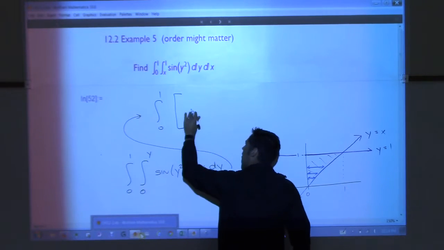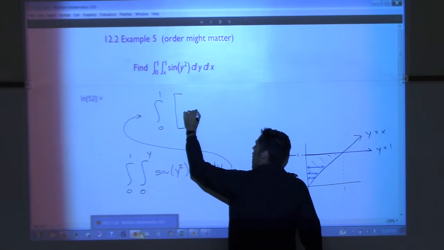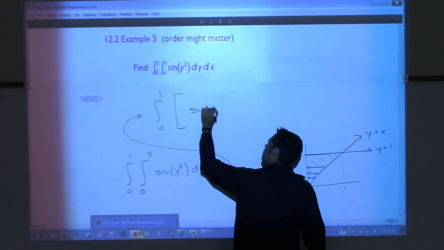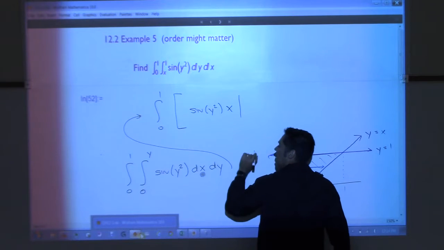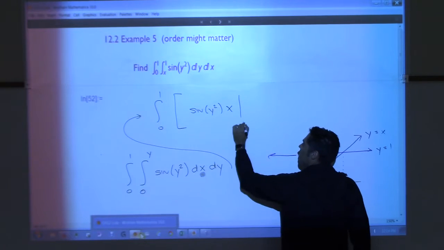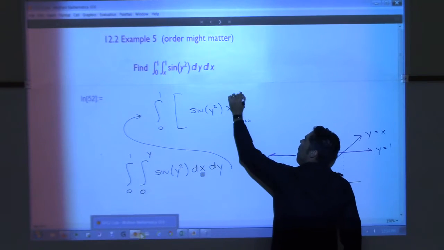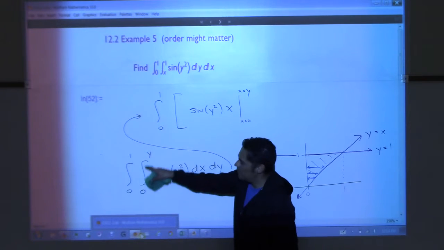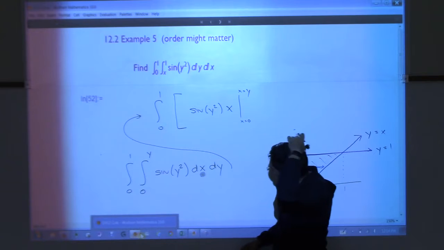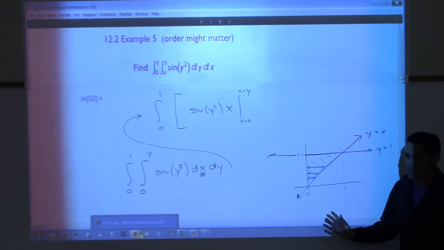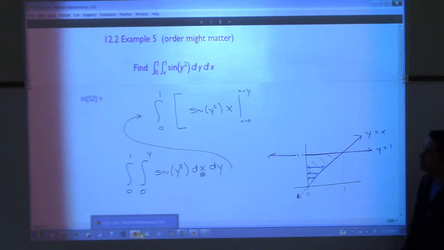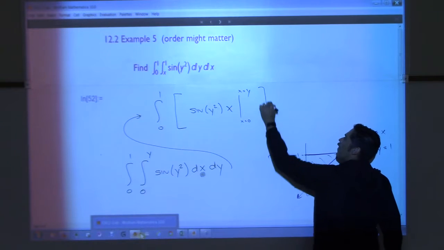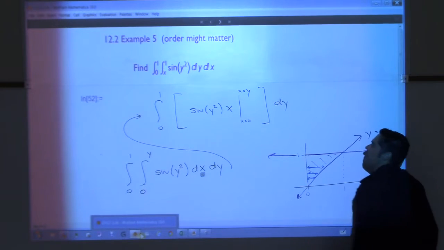And then we have sine y squared x evaluated from what? X equals 0 to x equals y. See, that's why I didn't want to put x equals 0 and x equals y here, because I wanted you to understand this has to be a function of y. I don't know if that confused you more, but. And then I'm going to integrate that with respect to y when I'm done.